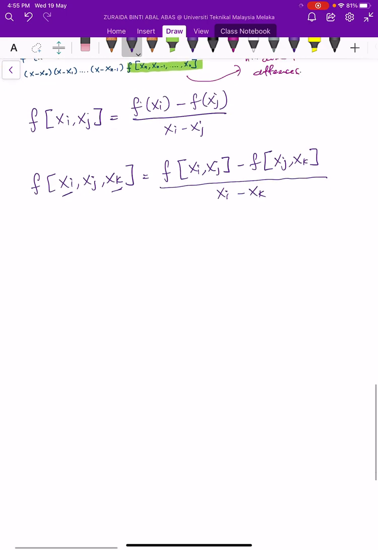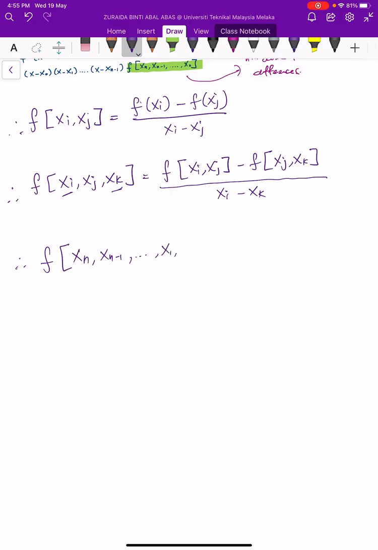Therefore, let's say that you have the nth divided difference, so that's going to be xn, x(n-1), down to x1 and x0. n can be any number, you just pick it.